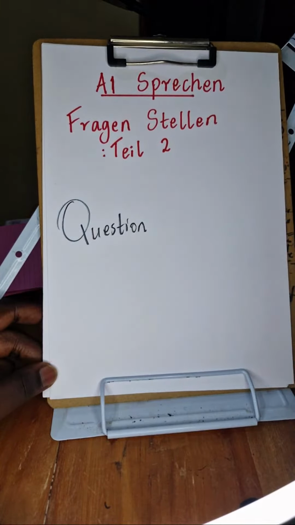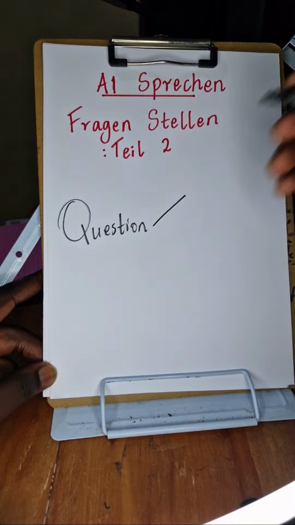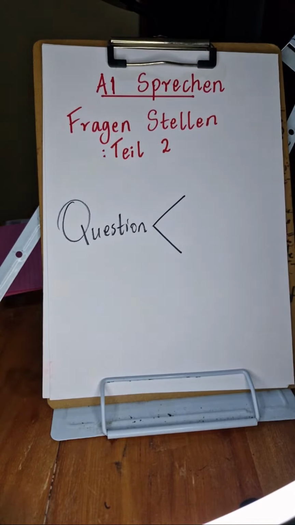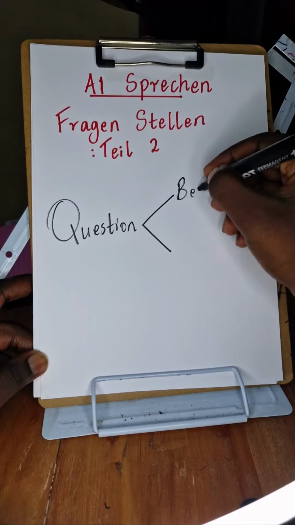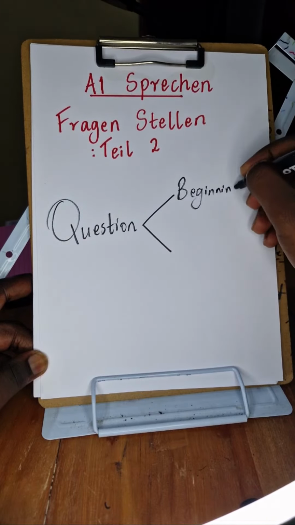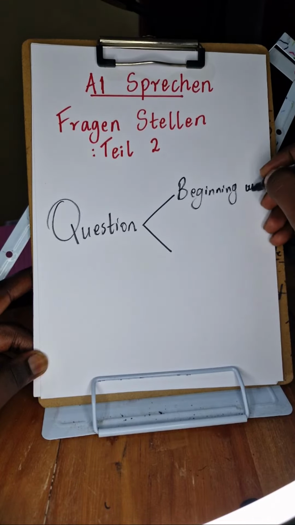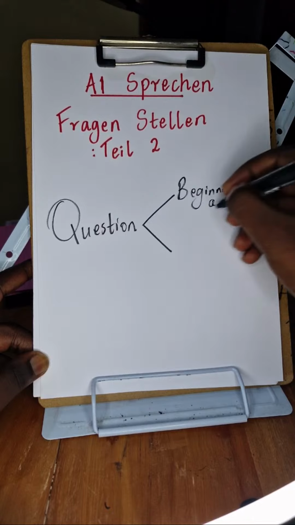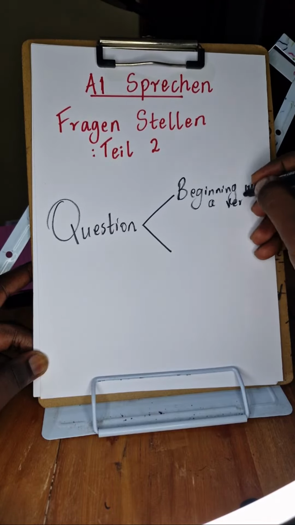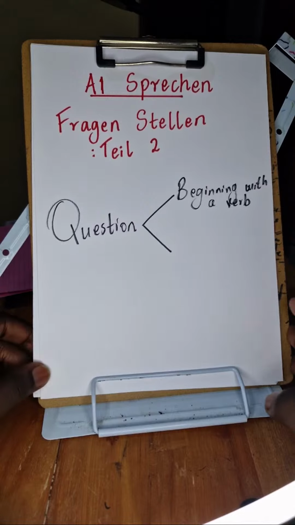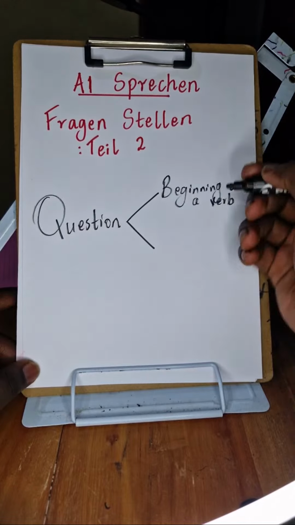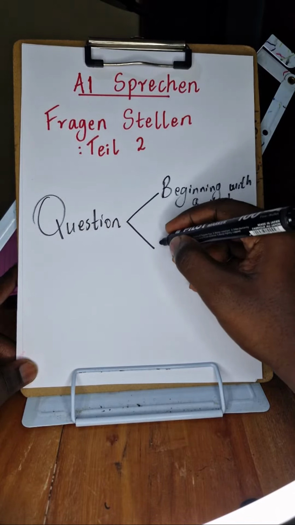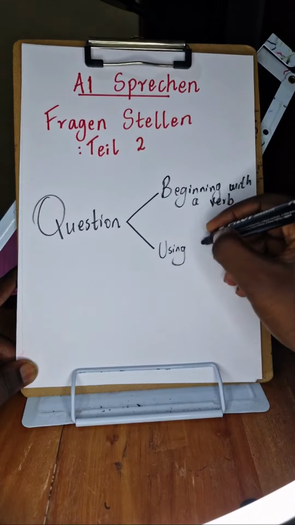You will be expected, number 1, to form a question beginning with a verb. So the first way one can form a question is beginning with a verb. And then the second way one can form a question is using question words.